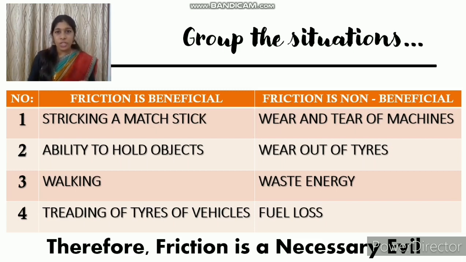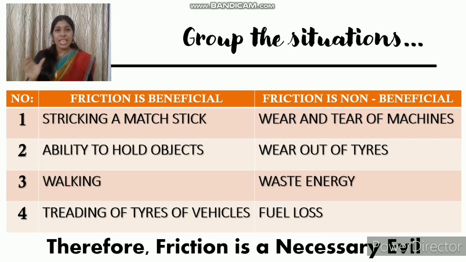Ability to hold objects also requires friction. The third one, walking. Walking also requires friction. Treading of tires of vehicles provides what? Friction. So, from these four situations, we understood that friction is beneficial.